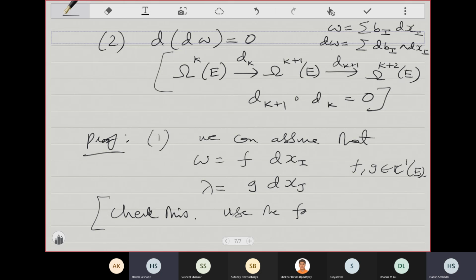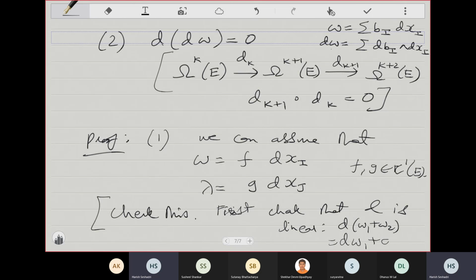Use the fact that, or rather, since we have not stated it explicitly, first check that D is linear in the following sense. D of omega 1 plus omega 2 is D omega 1 plus D omega 2.